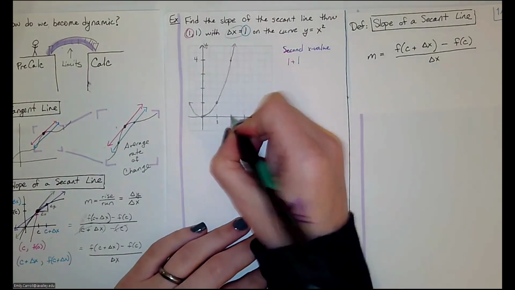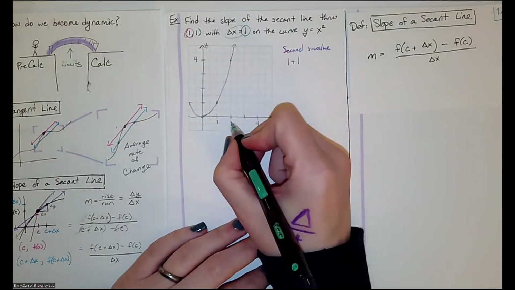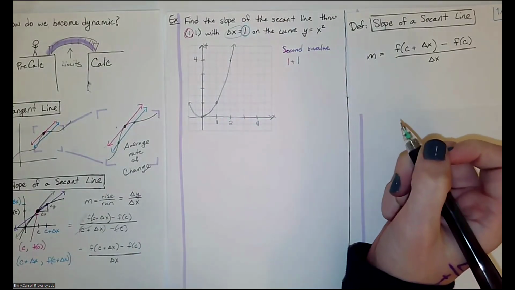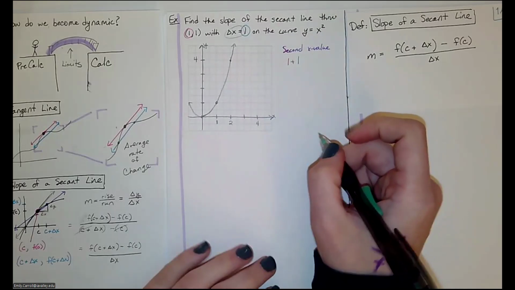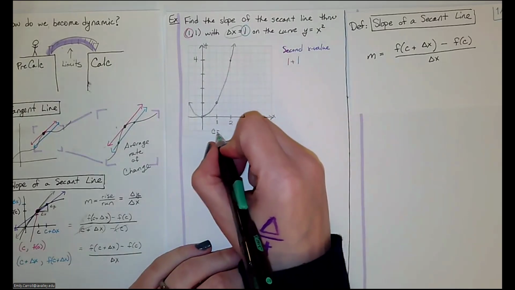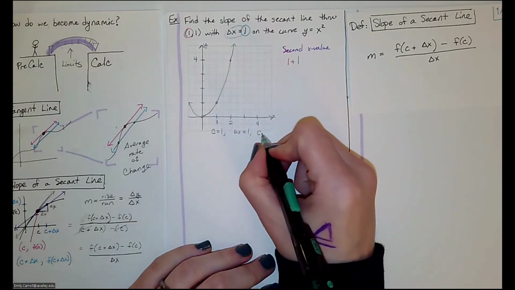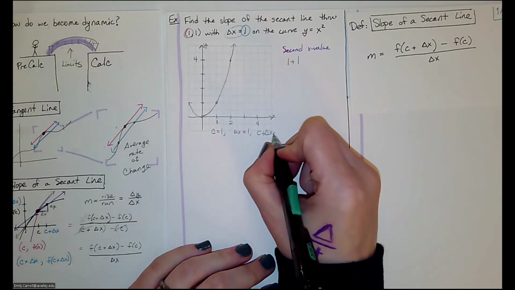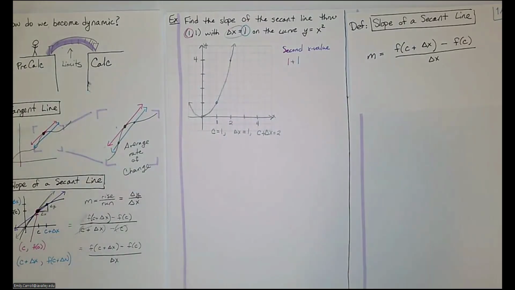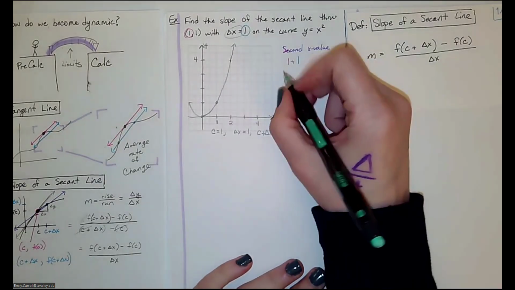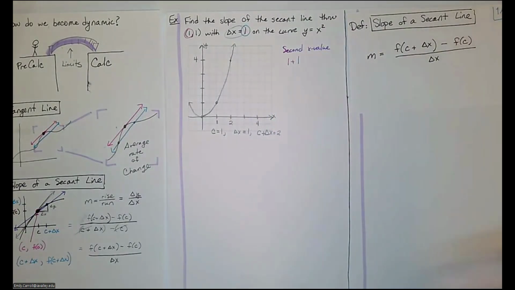Right? So we end up here. Okay, so our c is 1, delta x equals 1, so c plus delta x is obviously 2.